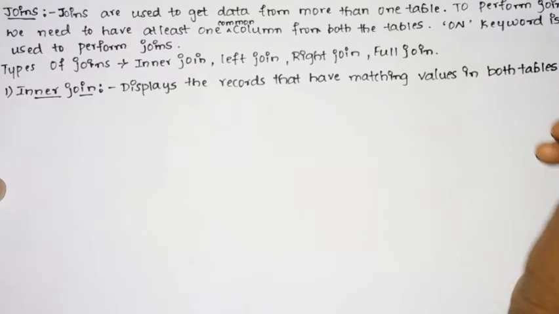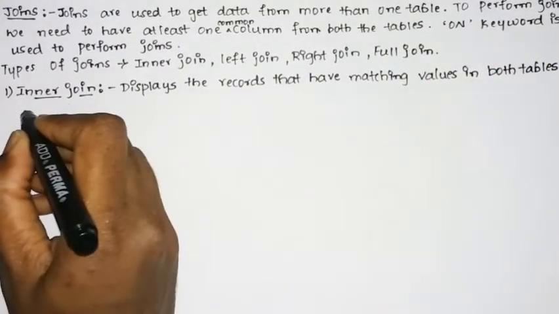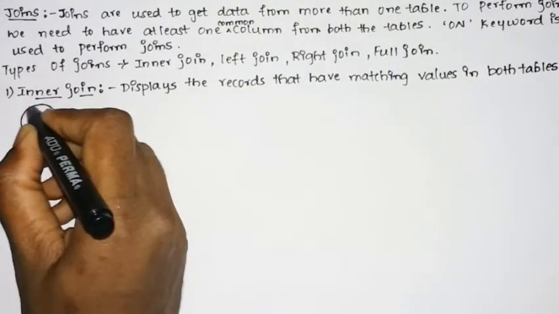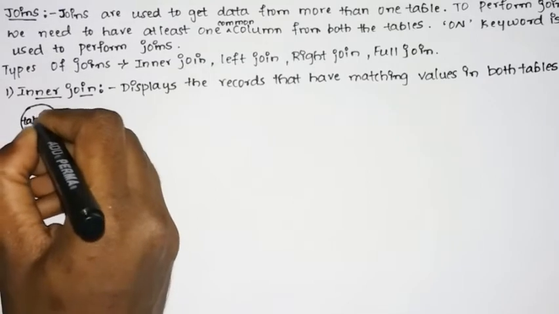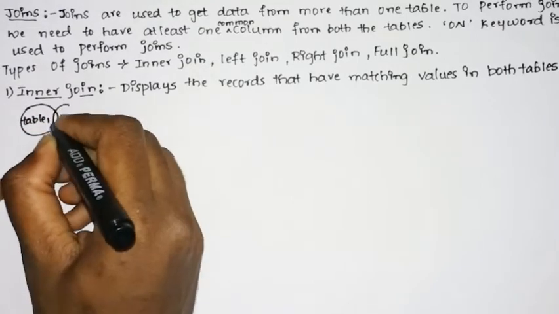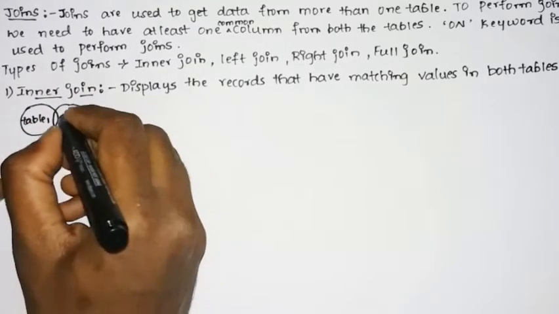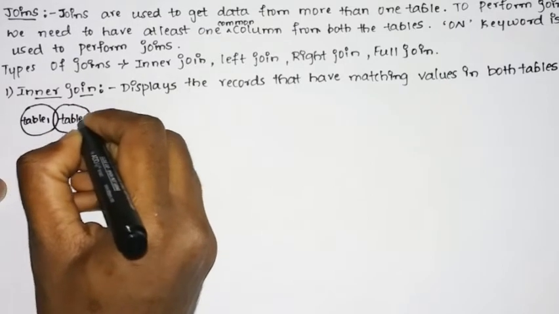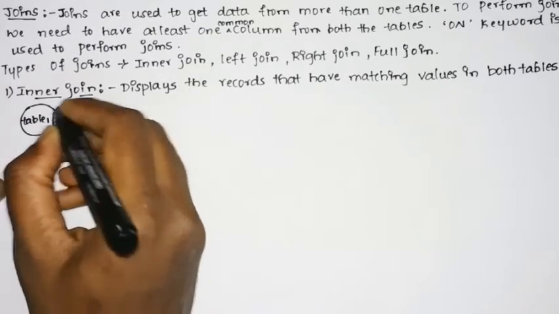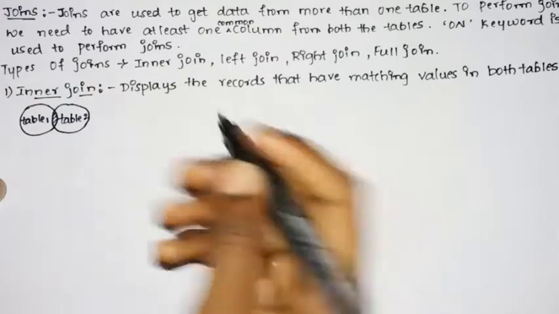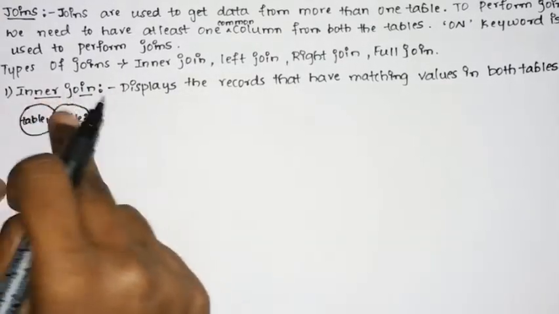It is represented as, suppose you consider this as table 1 and this as table 2, then the middle part is referred to as inner join. So you are going to join them like this.